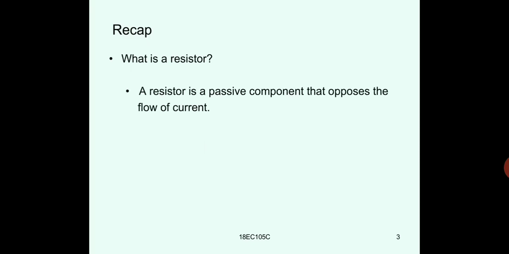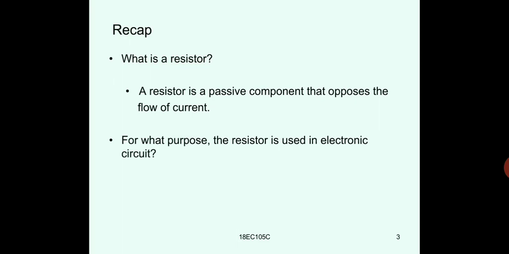Let us recap some of the topics we have learned that are relevant and useful for the topic we are going to look into. What is a resistor? It is a passive component that opposes the flow of current. For what purpose the resistor is used in the electronic circuit?